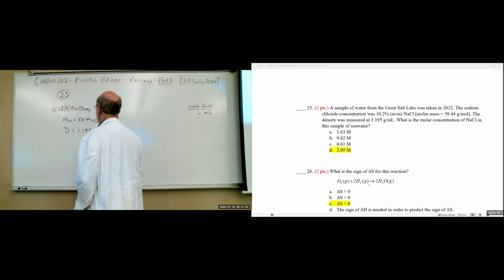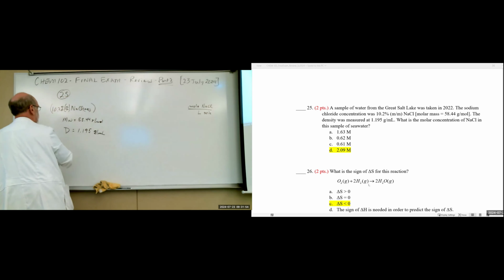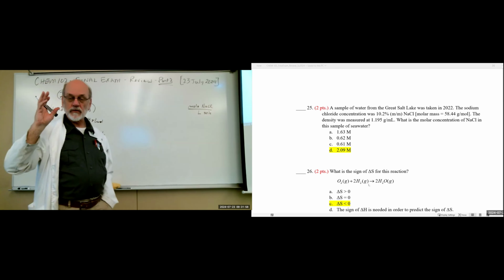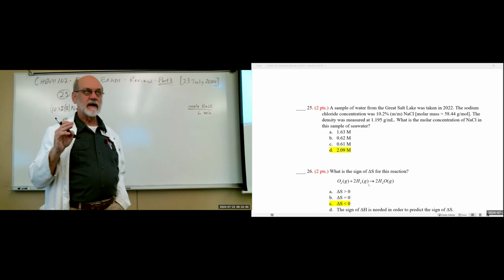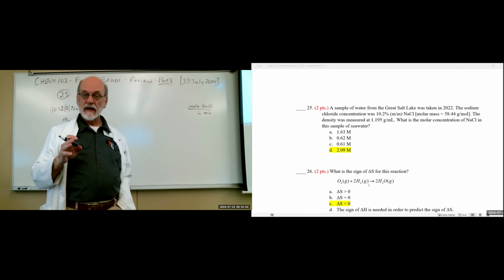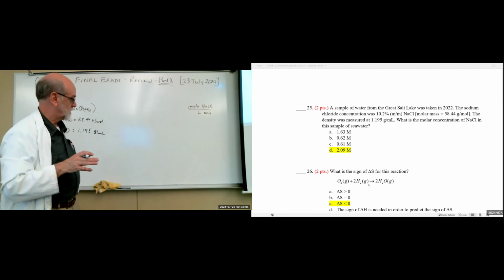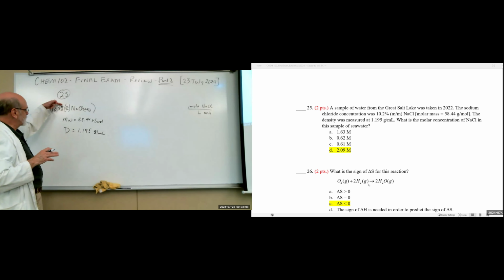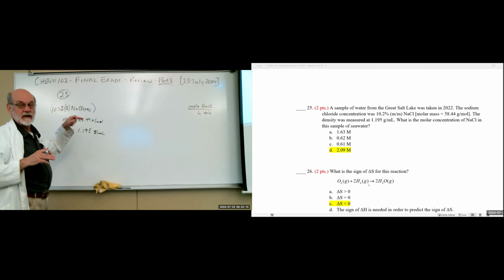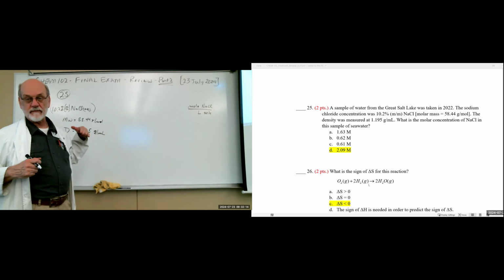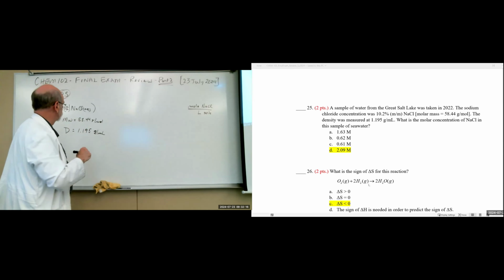Okay, so how do we get there? Well, remember when you've got a starting point that has more than one dimension involved. We've got mass on top and mass on the bottom. Do one at a time. So I'm going to do the mass on the bottom first, the mass of the solution.